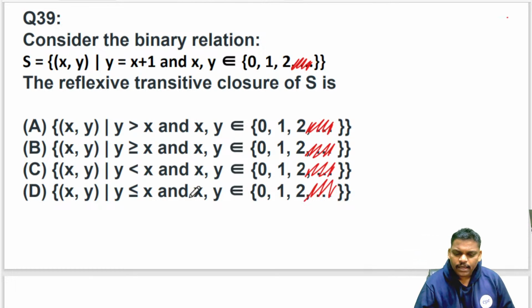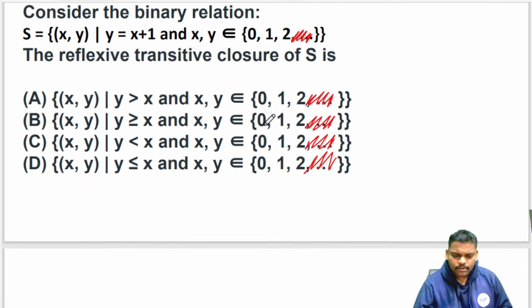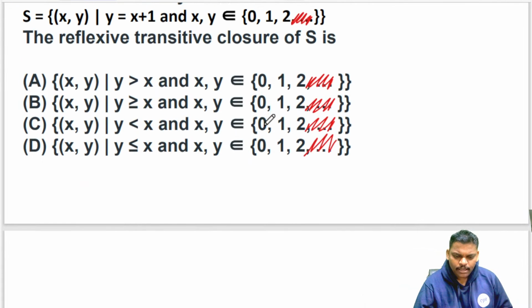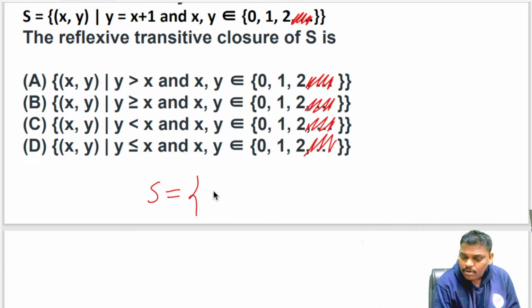So if you take x, y belonging to 0, 1, 2, let me ask you one thing. What is S? First of all, let me write S. S is equal to x comma y, where y is equal to x plus 1.